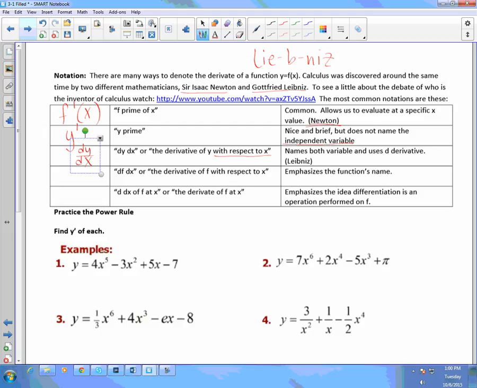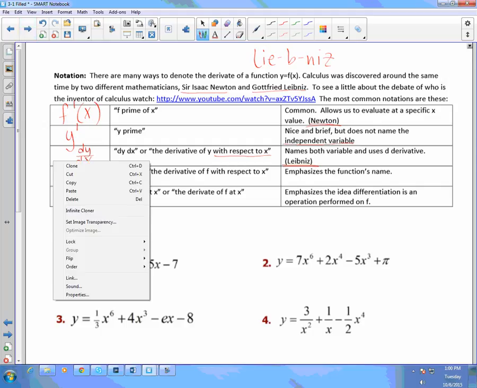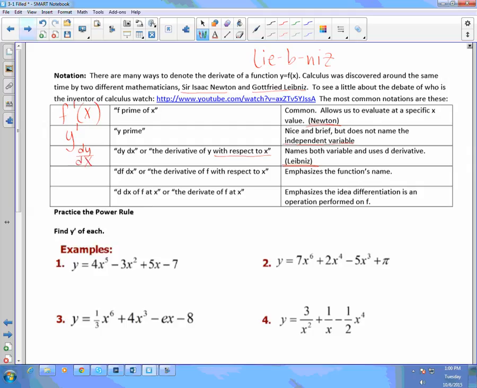They all mean derivative. dy dx, we can also say the derivative of y, the equation y equals this function, with respect to the x variable. This was Leibniz's notation, and he used both the variable and the derivative. Okay, we actually use this one a lot. We use both Leibniz's and the first one a lot, so they're both useful depending on what type of problem we're doing.